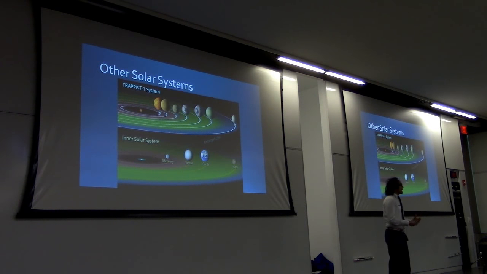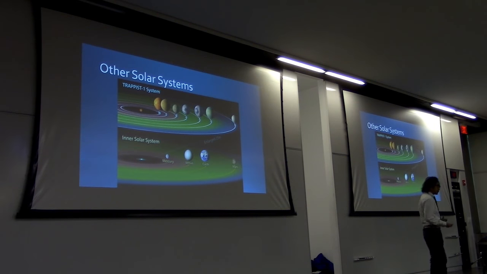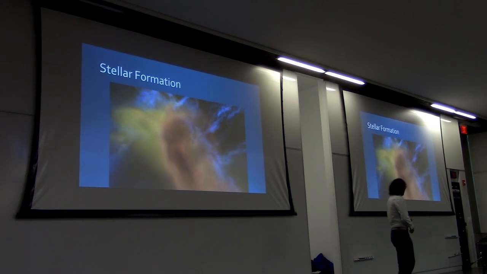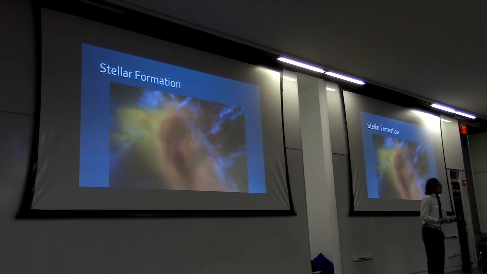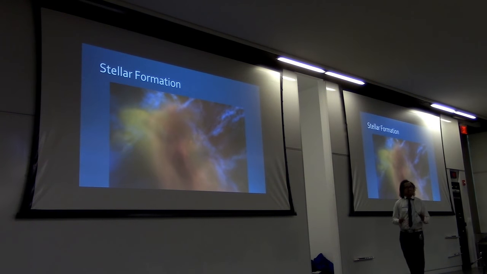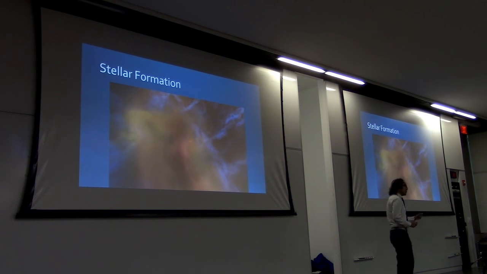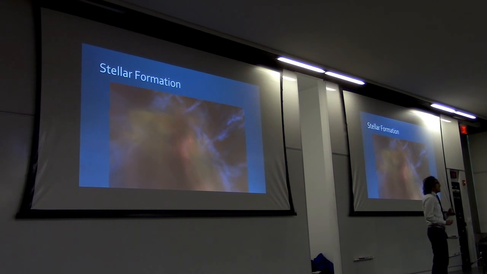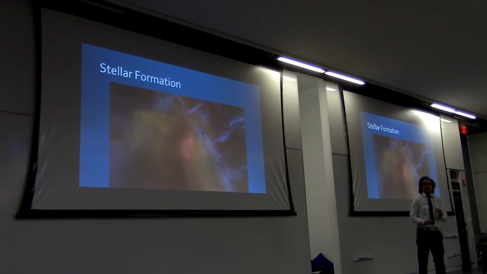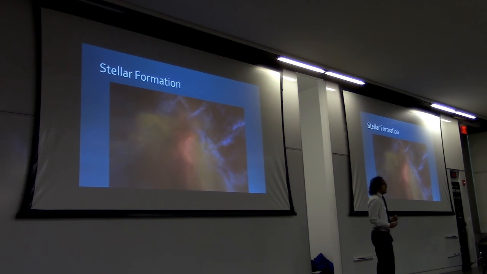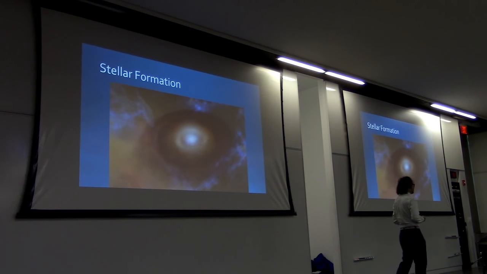And in order to understand this diversity, we need to first really understand where solar systems come from. So how exactly are they formed? Well, astronomers believe that solar systems begin their lives in these massive clouds of gas and dust. Eventually, a clump of this huge cloud begins to rotate and collapse on itself. As it collapses, it speeds up its rotation thanks to the conservation of angular momentum, and it flattens out into a disk.